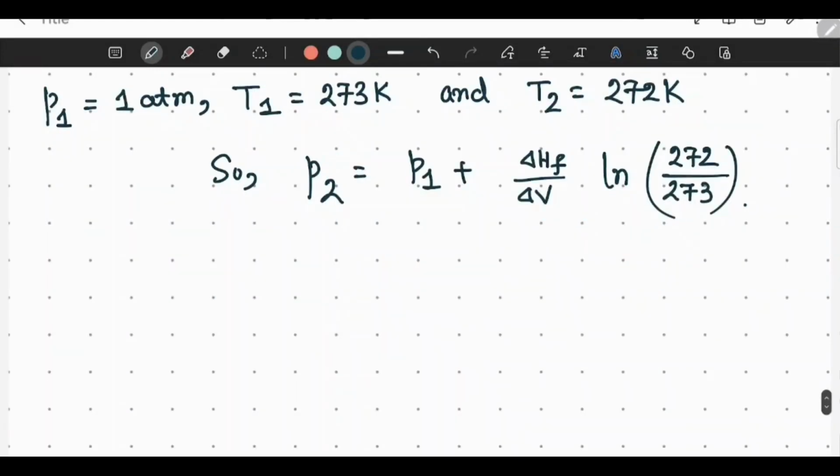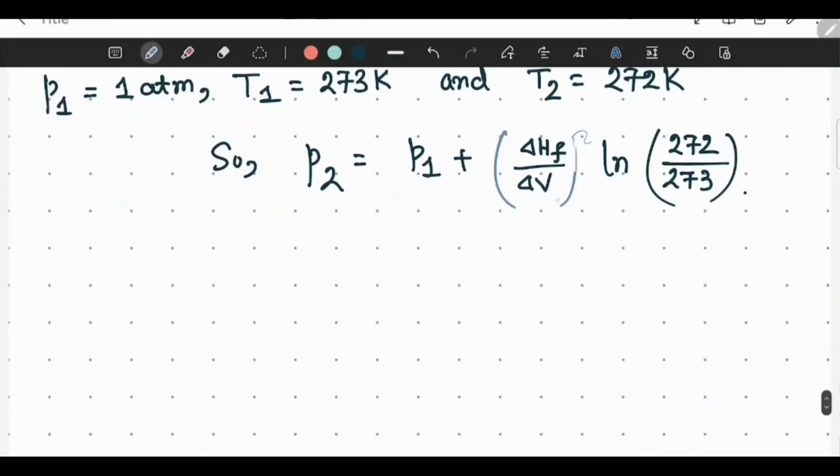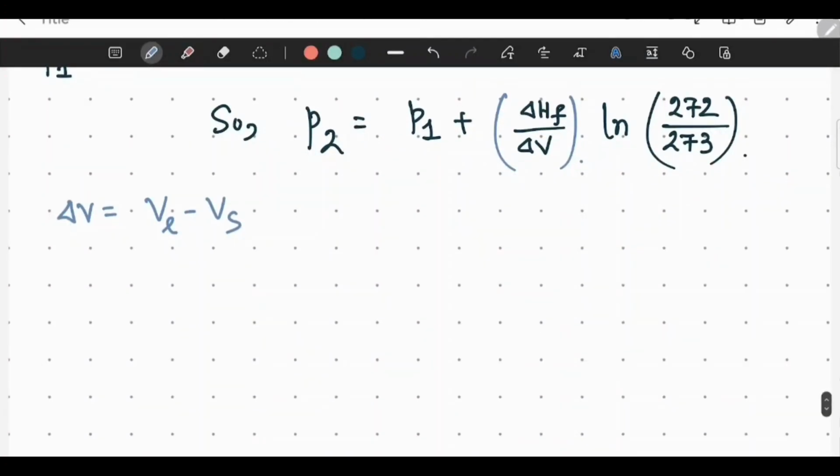And now we have to calculate this quantity del H_F by del V. This is important. So first of all, del H_F is given, we know, but what is del V? We are considering melting. Melting means solid to liquid. So V_L minus V_S, we have to calculate this.